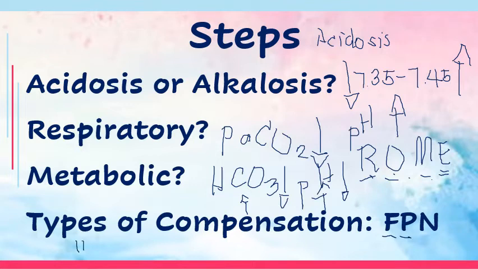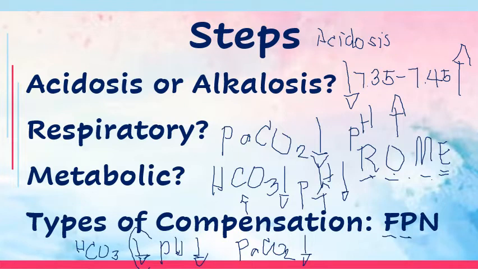If your problem is bicarbonate, if HCO3 is decreased, and then pH is decreased, for us to know that there is compensation, the PaCO2 is also decreased. This means that there is partial compensation. Okay? In other words, if the arrows of the HCO3 and the PaCO2 are pointing in the same direction, partial compensation is what is experienced by our patient.